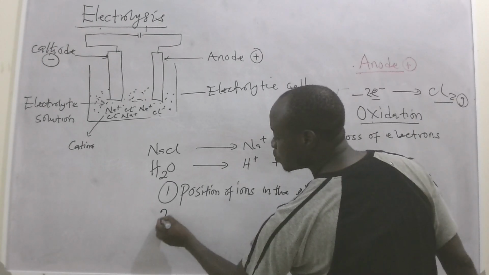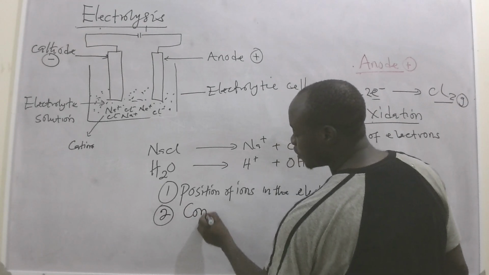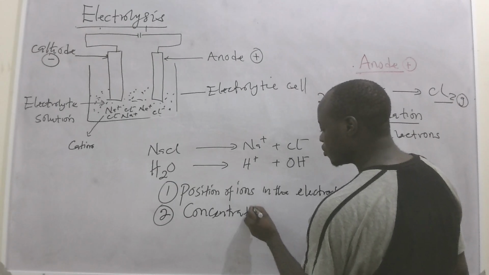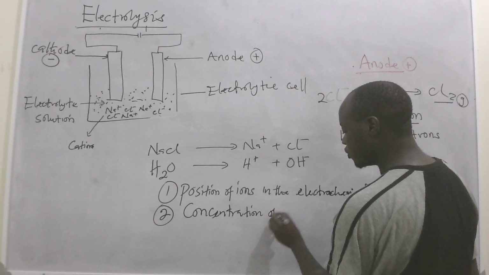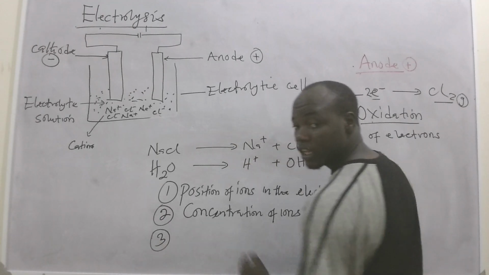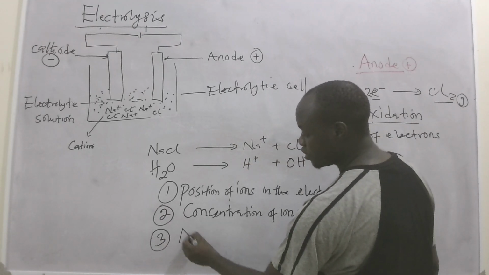Number two, concentration of ions. And number three is the nature of electrodes.